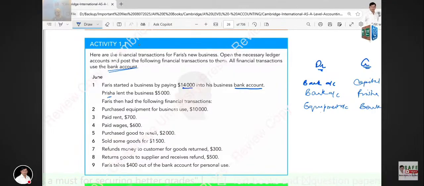So bank is 22,000. What will be the balancing figure? 1,80,000 minus 22,000, how much? So you write here, to balance carried down. Why did you write brought down? To balance carried down. Whatever the figure, you write that.